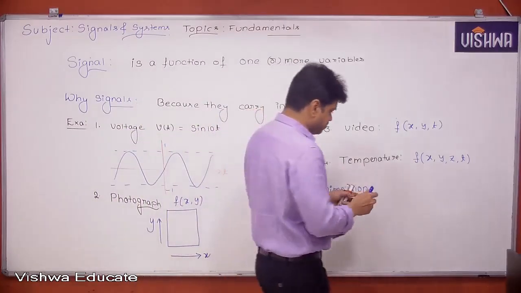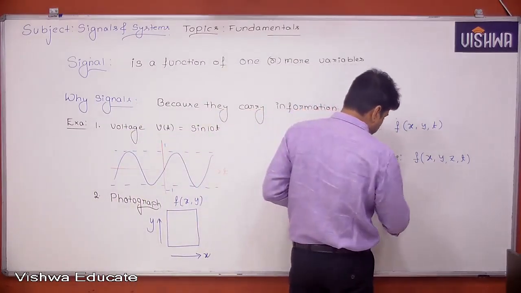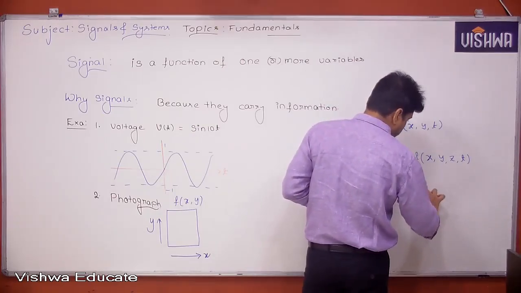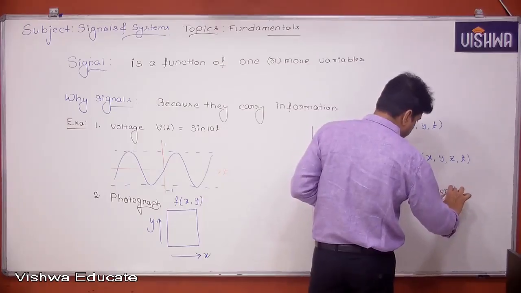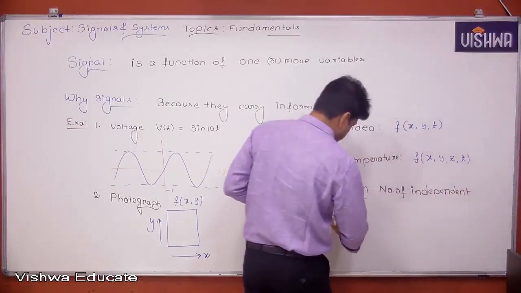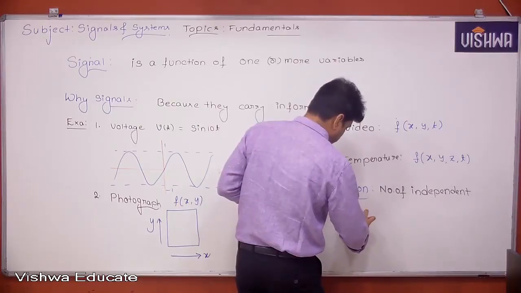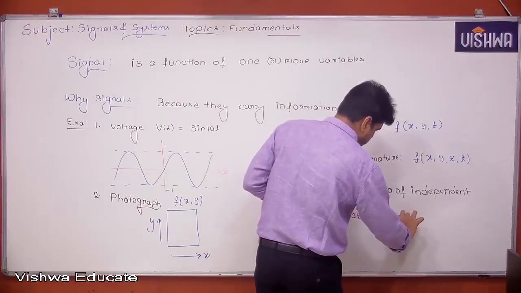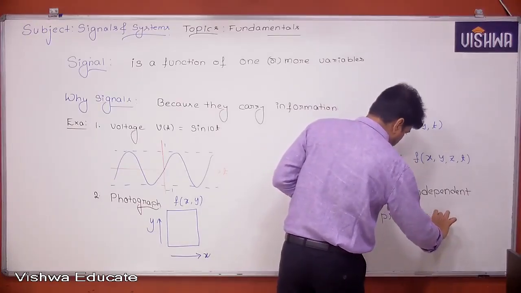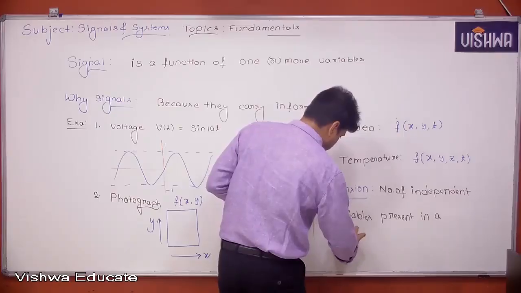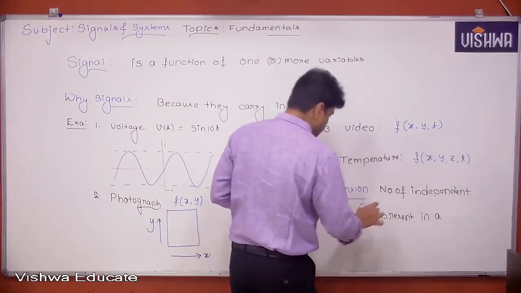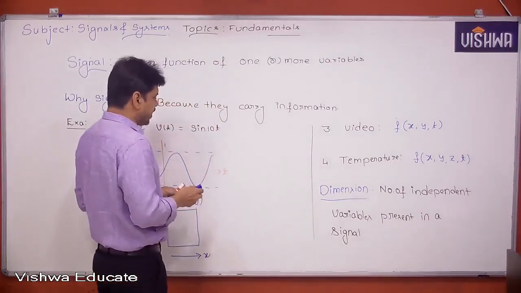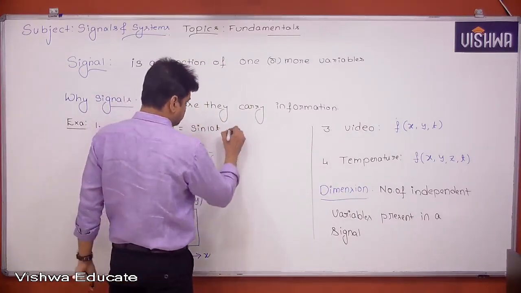So I am writing that number of independent variables present in a signal is called dimension of the signal. So from this, can you tell me what is the dimension here?